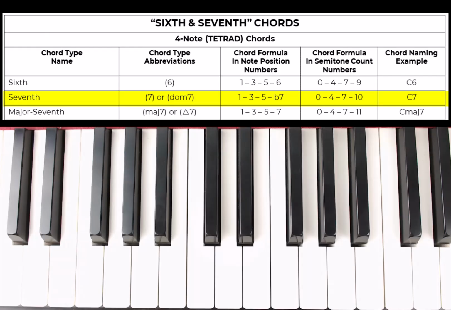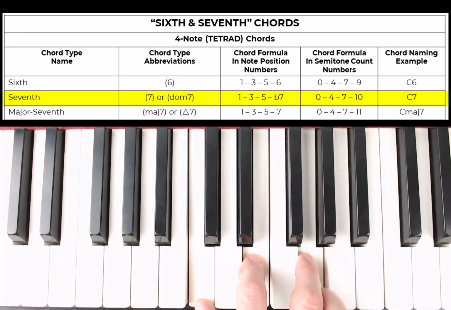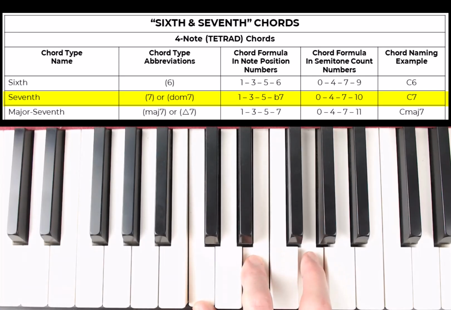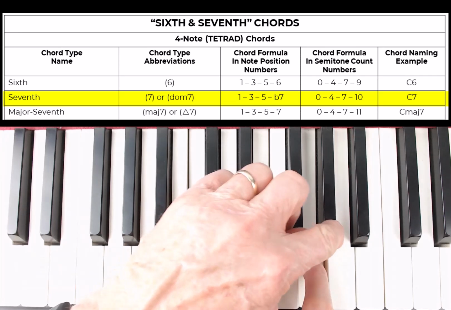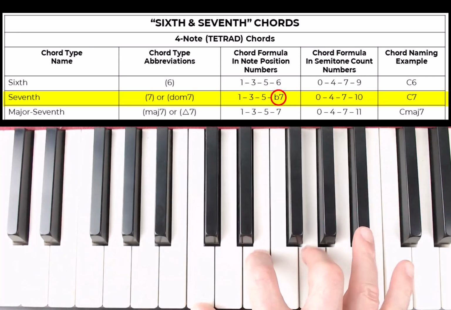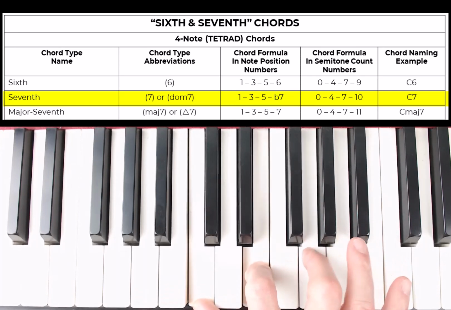Now let's look at forming a few of those dominant seventh chords. Here is a C major, the first 3 triad, and then we know that's 7 because we've got the formula 0, 4, 7, and then we need to go to 10, that's 8, 9, 10. So when we add this 4th note up here, a B flat, to the C major, we can hear it.